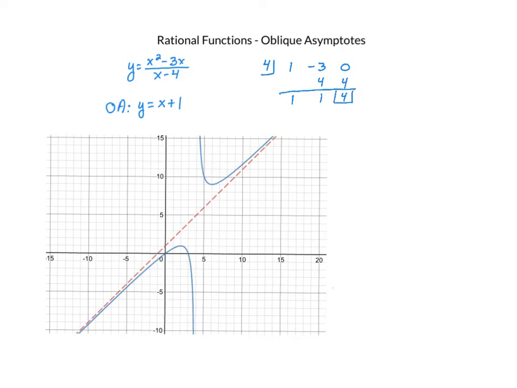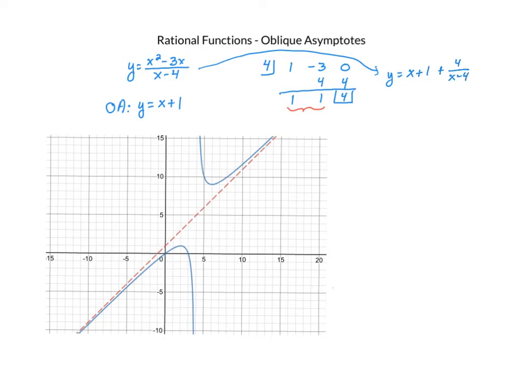There's my remainder. So this function could be equivalently written as y equals, remember these are the coefficients of our quotient, that is x plus 1. It's really a 1x plus 1, but we'll write that as x plus 1 plus 4 over x minus 4.